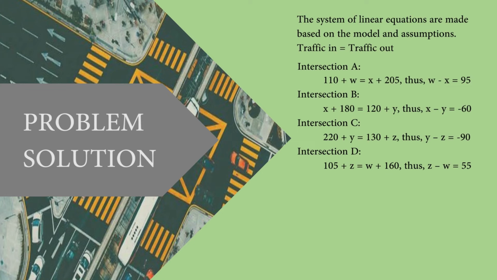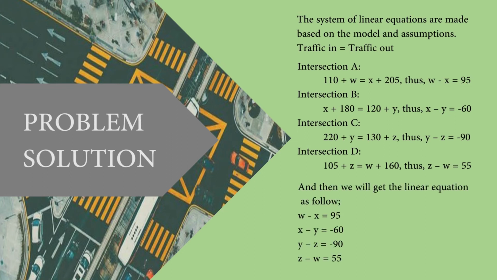From all the intersections, we get these linear equations: W minus X equals 95, X minus Y equals negative 60, Y minus Z equals negative 90, and Z minus W equals 55.